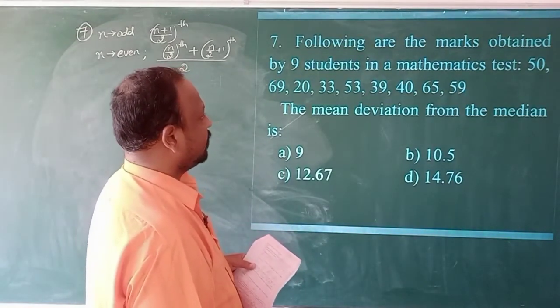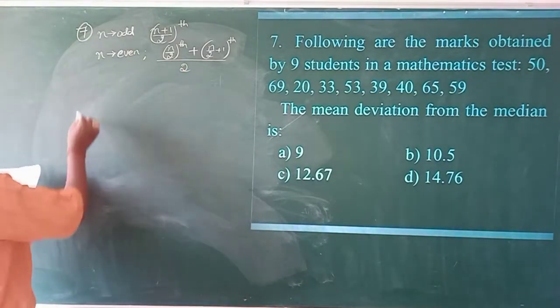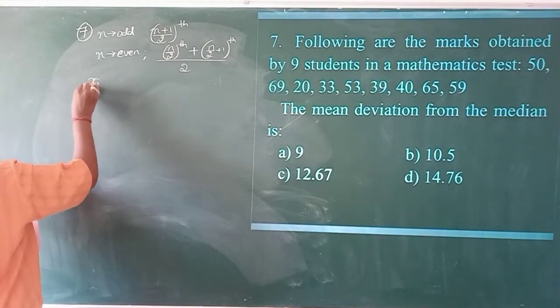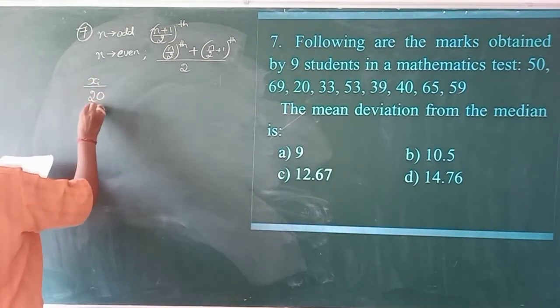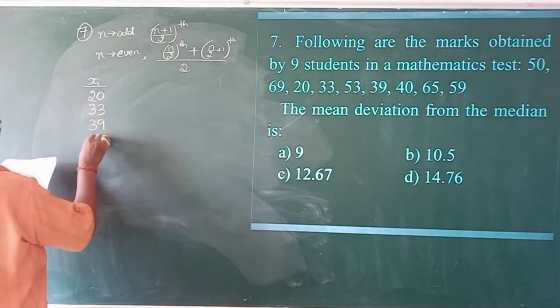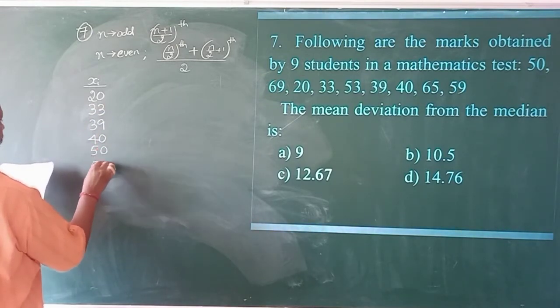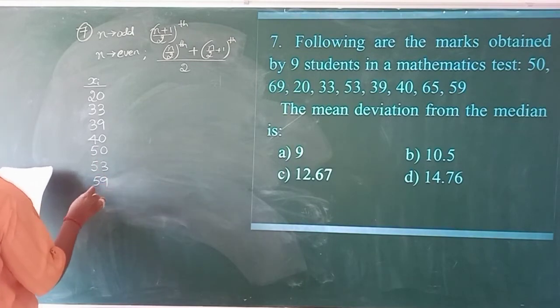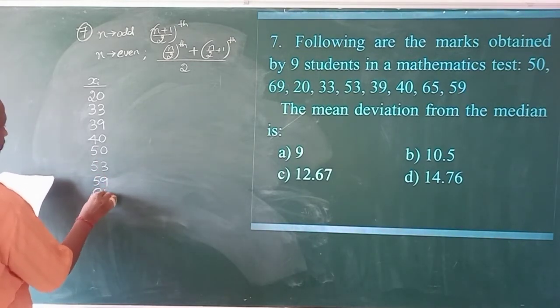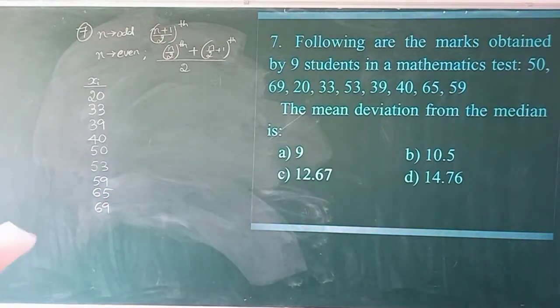Since they are asking the median, write this in ascending order or descending order. xi: 20, 33, 39, 40, 50, 53, 59, 65, 69. You can observe, first write down in ascending order.